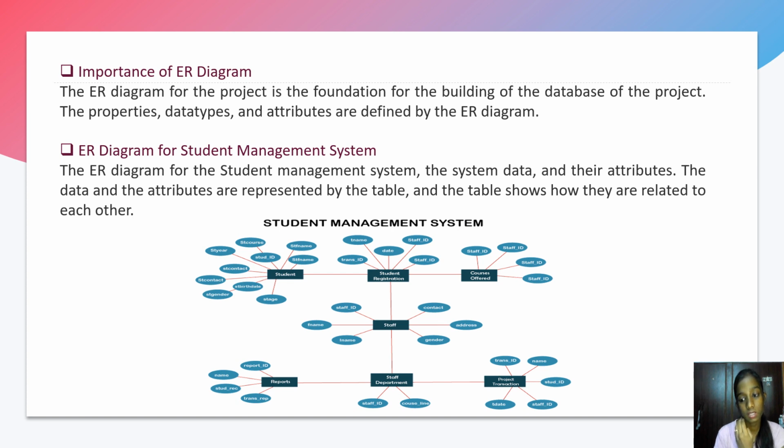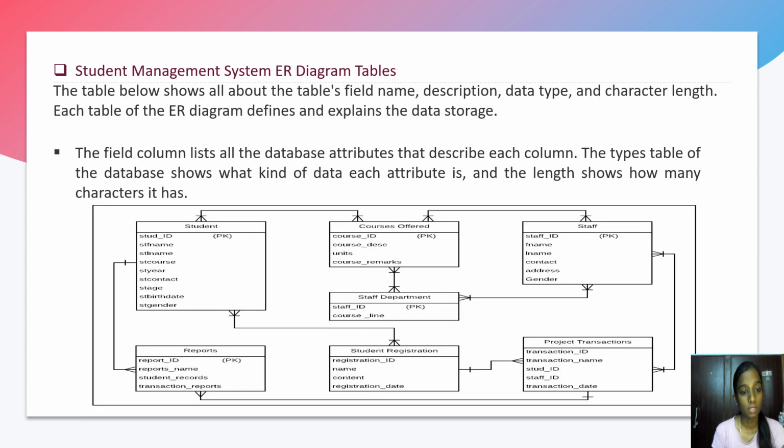So next, let us go on to the student management system ER diagram tables. This shows all about the tables, field name descriptions, data types, and character length. Each table of this ER diagram defines and explains how the data is stored. The field column lists all the database attributes and describes each column and the types of tables of the database, showing what kind of data each attribute is.